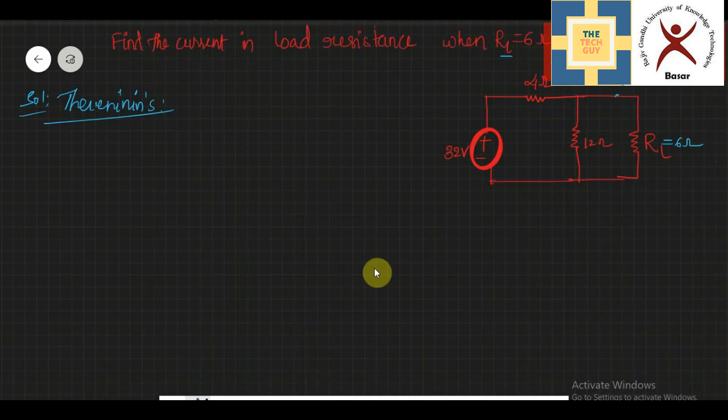Let us assume these as the A and B terminals. We need to find the open circuit voltage and Thevenin's resistance at points A and B. For that we remove the load resistance and find the voltage and resistance at the terminals. I am redrawing the circuit.